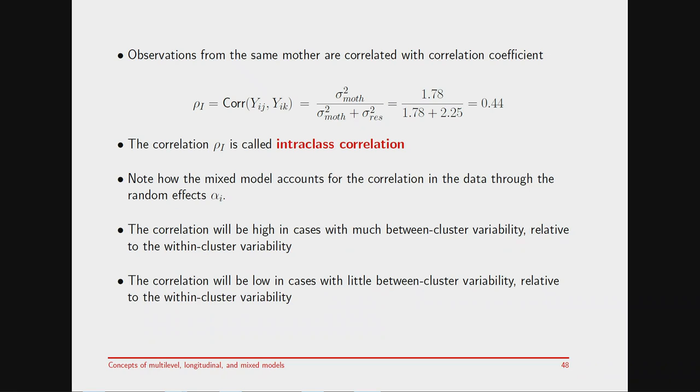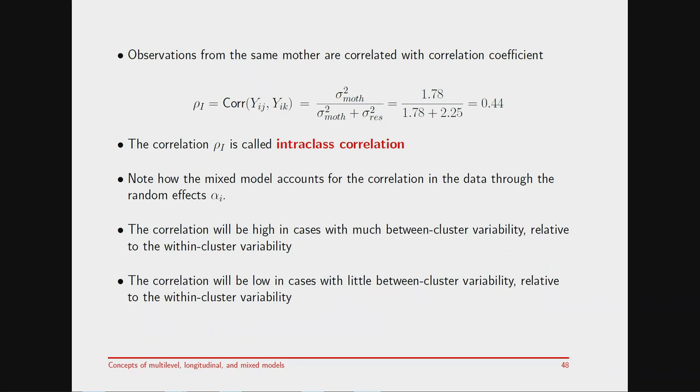And now, of course, if you have the variance and you have the covariance, you can calculate the correlation. That correlation is the covariance divided by the variance, or the product of the two standard deviations, and that's 0.44. So based on this model, based on this analysis, we can estimate that the correlation in number of dorsal shells of two lizards sharing the same mother is about 0.44.